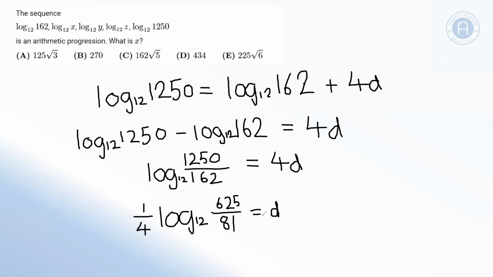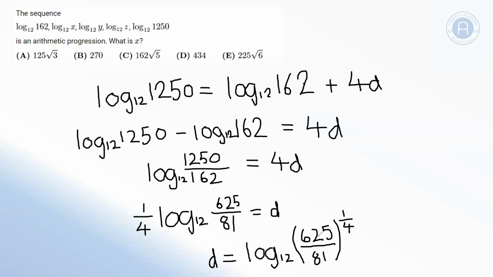Now, if I have a logarithm with a coefficient, what I can do is raise the values inside the logarithm to that power. So I can write this as d is equal to log base 12 of 625 over 81, all to the power of 1/4.